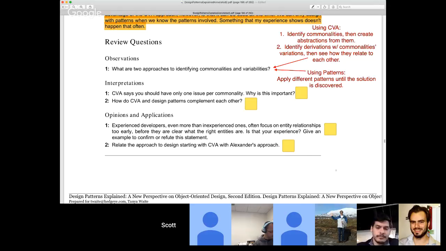All right, opinions and applications, experienced developers even more than inexperienced ones. I want to say something with regard to this point. I think the approach of the author is, even though you do know all the patterns, perhaps to apply all of them and see which one is best.